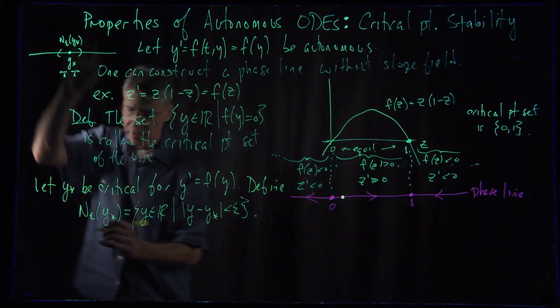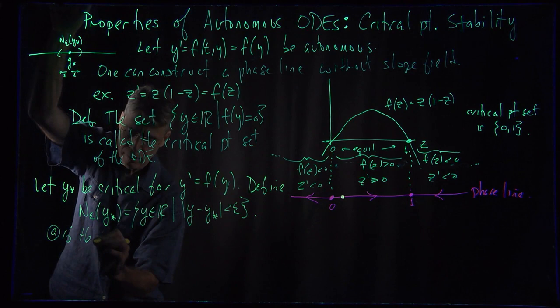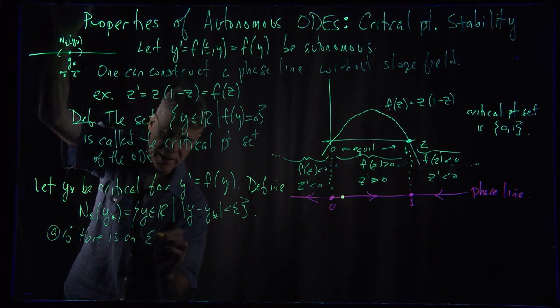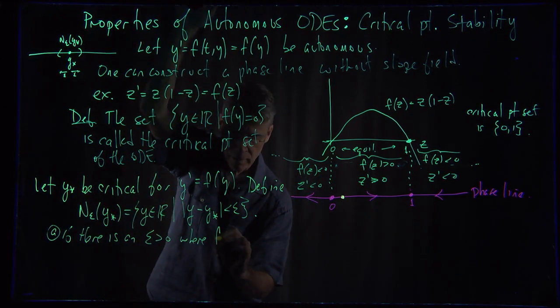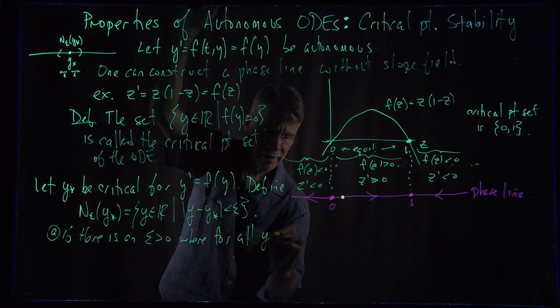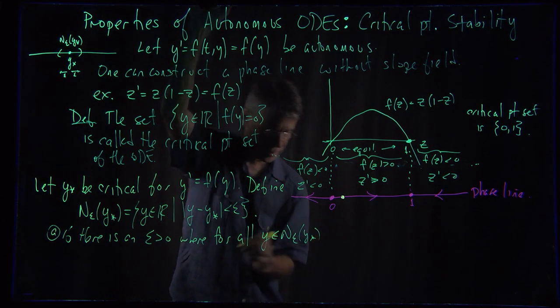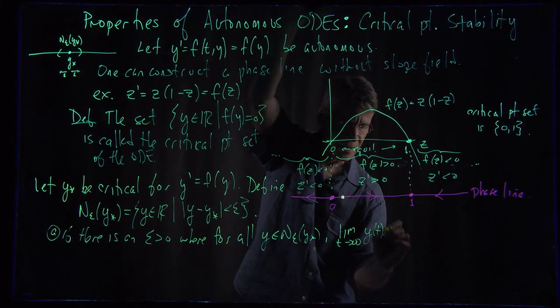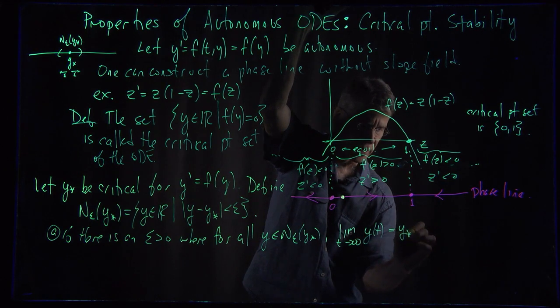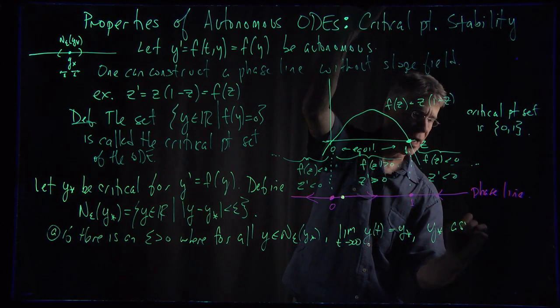A: if there is an epsilon greater than 0 where, for all y in the epsilon neighborhood of y star, we have the following, that the limit as t goes to infinity of y of t equals y star, then we call y star asymptotically stable.